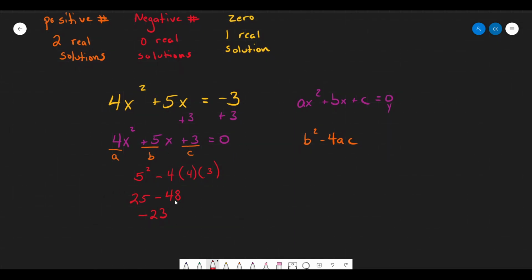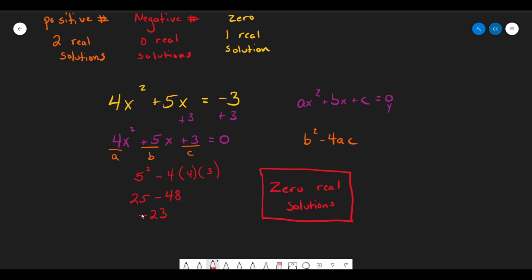This is negative 23, so since it's a negative number, we have 0 real solutions. This helps because you don't even have to put this into the quadratic formula, since you already know you'll end up with no real solutions. You're already done.